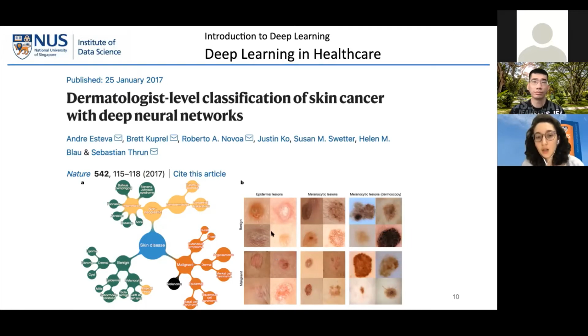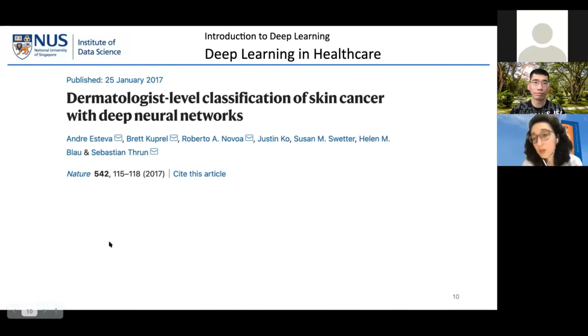And even to classify between different kinds of skin lesions. And so that was the research question they wanted to answer.